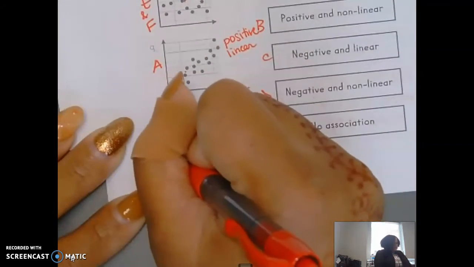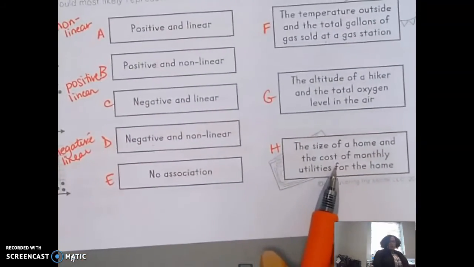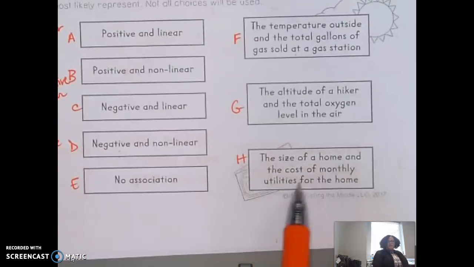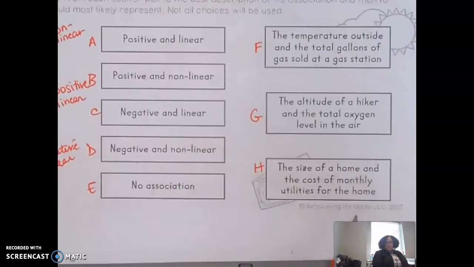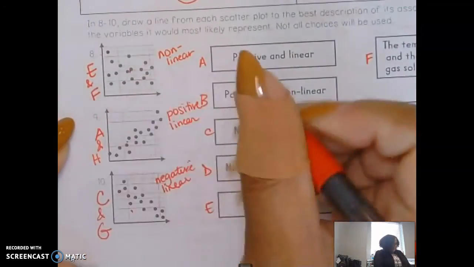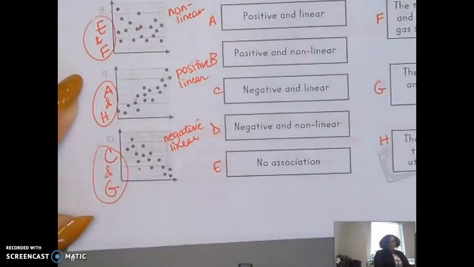So I'm going to put C and G down here. And then this last one has to go here with A, the size of a home and the cost of the monthly utilities for the home. If you have a big house, then more than likely you've got a high utilities bill. So that's A and H. So those go together, and those go together.